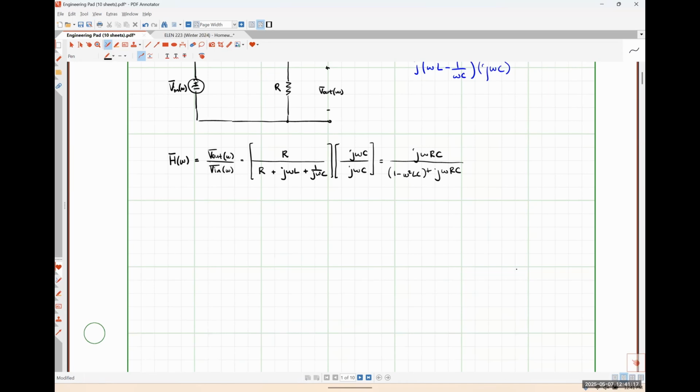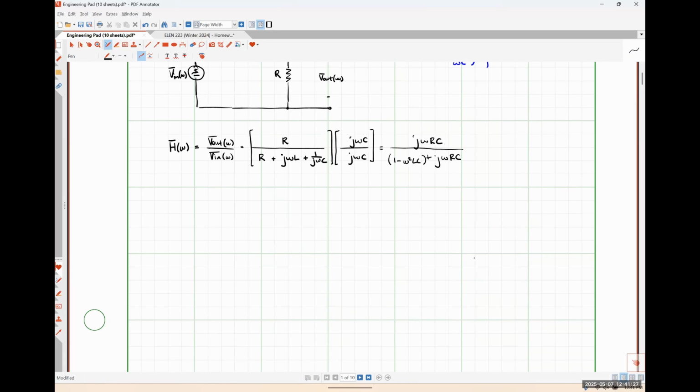So from this particular form, I can do the exact same thing that I did every time I wanted to split it up into its real and imaginary parts, like we did in our last class meeting. I'm going to take that expression, j omega RC divided by 1 minus omega squared LC plus j omega RC, and multiply it by the complex conjugate of the denominator over the complex conjugate of the denominator.